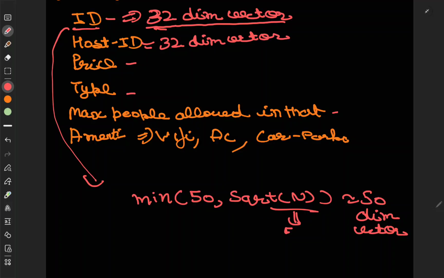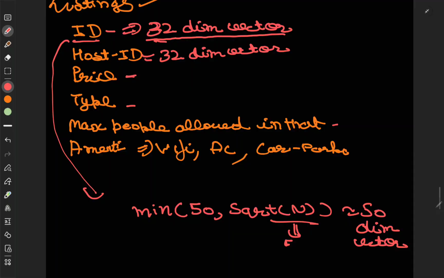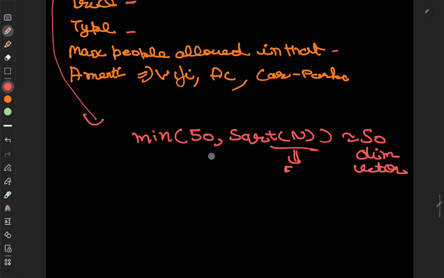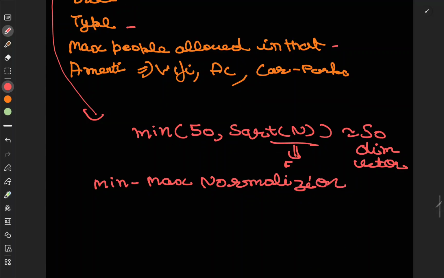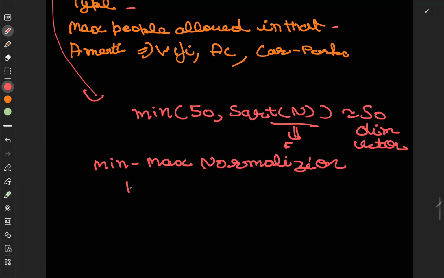Then comes the price. For price, you can use min-max normalization to normalize the score. What that means is, for example, your platform has a minimum cost for booking a room of 1,000, and a max cost for booking anything of, let's say, 80,000.